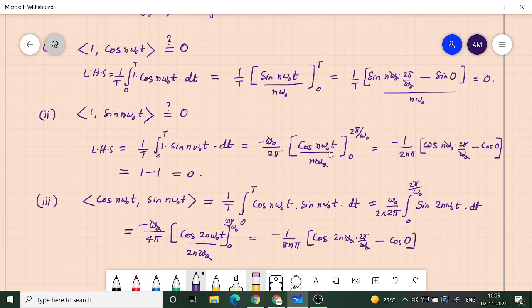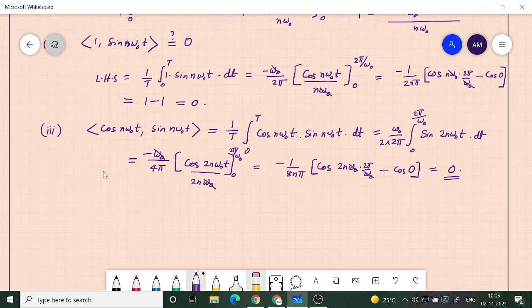Again omega naught cancels. It is cos n 4 pi, and the value is 1. So again it is 1 minus 1, so this is also 0.